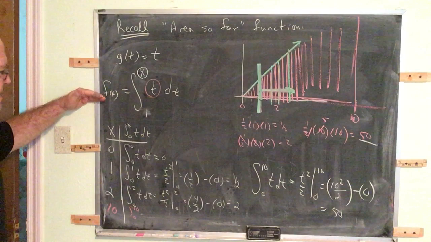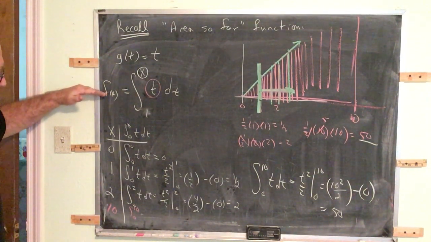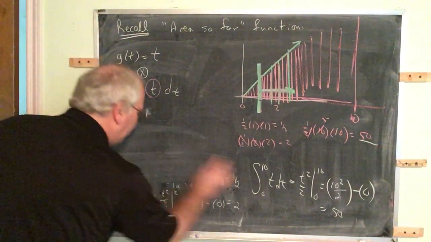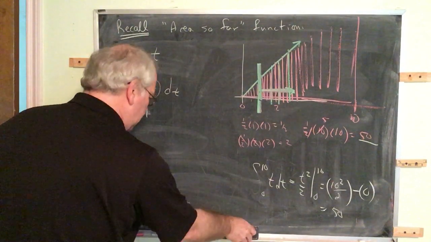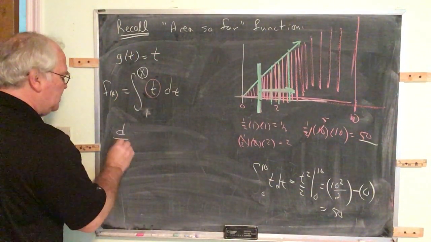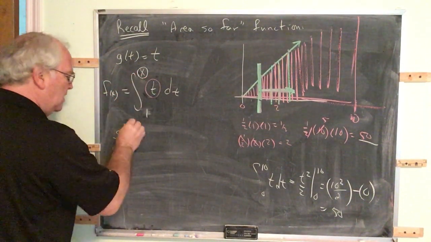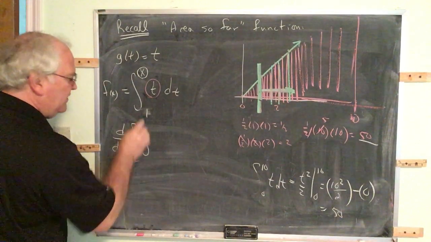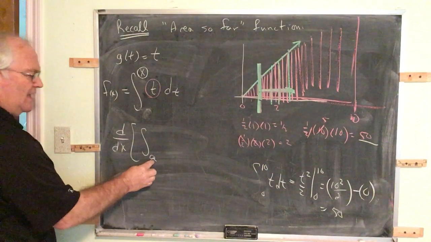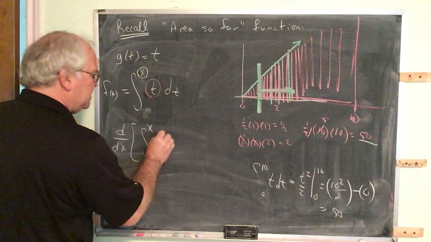The fundamental theorem says this: if you have one of these area so far functions, then the derivative with respect to x, with respect to this upper limit variable, of the integral from a lower limit to x of, and this lower limit could be 0, this lower limit could be 1, the lower limit is allowed to be anything, and this is f of t.